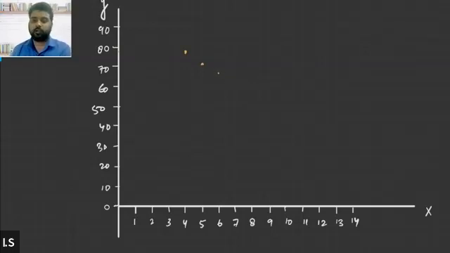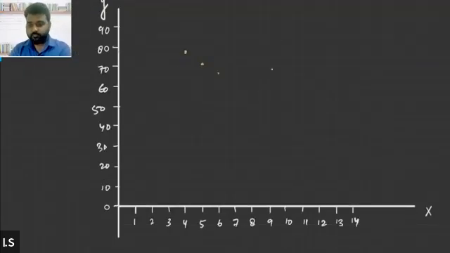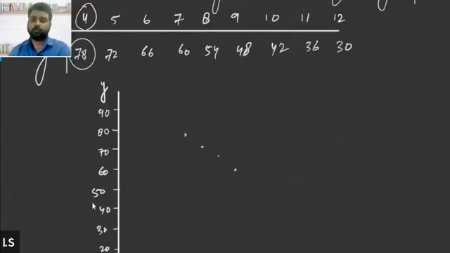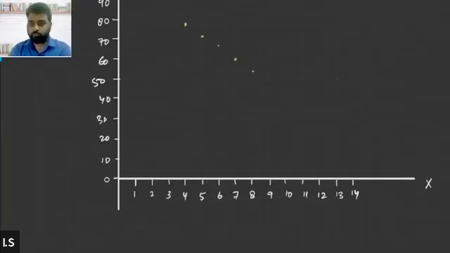After that, we have 7 and 60, which will be right here. Then 8 and 54. So 8 is here and 54 will be just below 55. So let's suppose this will be the 54.